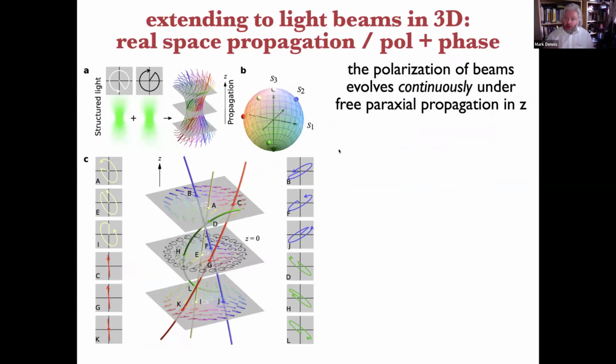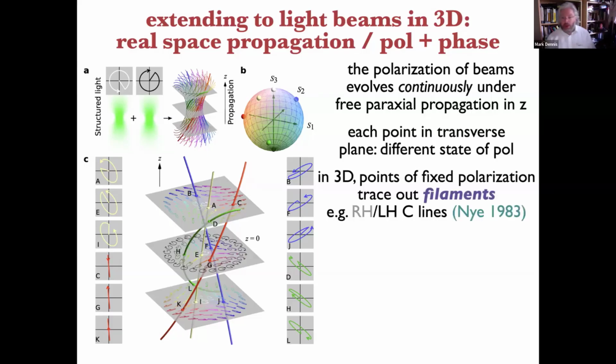If I've now got a three-dimensional propagating beam, and I look at the points that map to a single point of the Poincare sphere, I get lines, these so-called polarization filaments, and along the lines the phase varies. The right-handed and left-handed C lines are just particular examples of these filamentary lines.